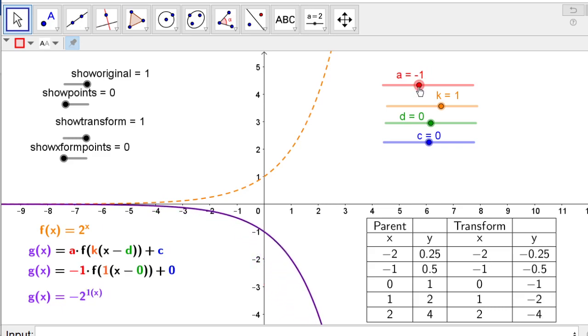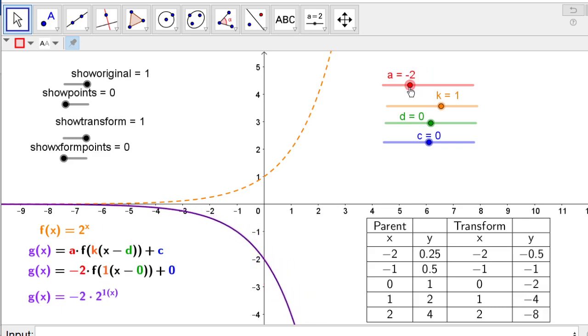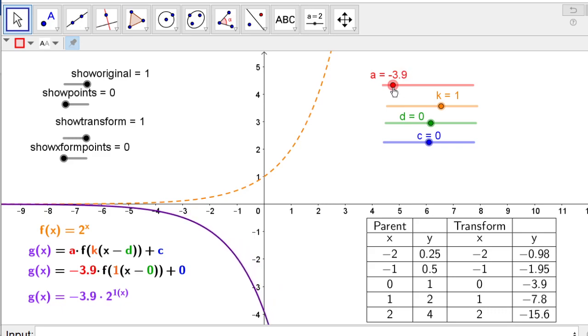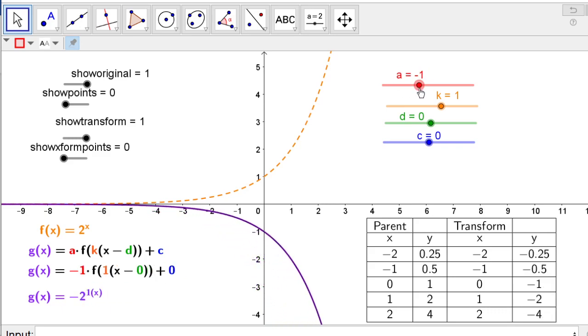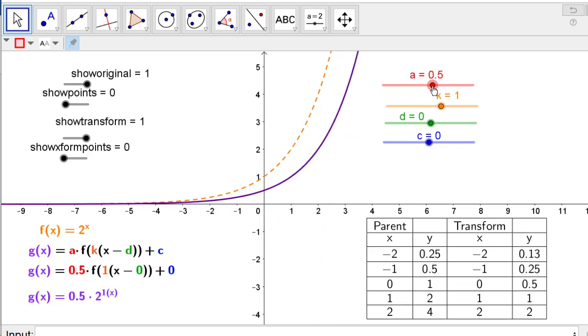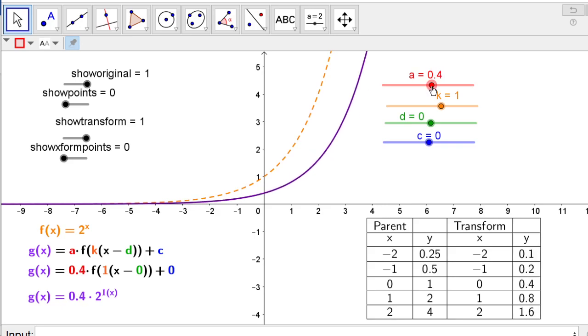So it gets steeper. The y-intercept gets farther away from the x-axis, and the function itself rises more quickly. If you choose a fraction in between 0 and 1, you have a vertical compression.